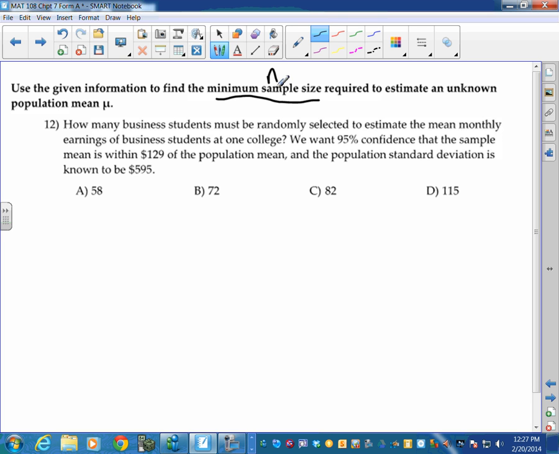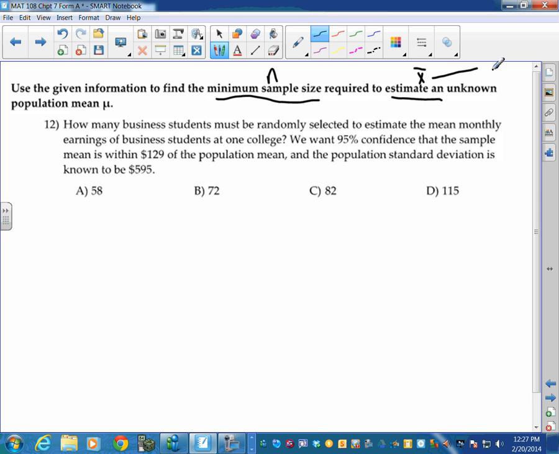N. To estimate an unknown population mean. What's our estimator for an unknown population mean? What letter do we use to estimate the population mean? X bar.